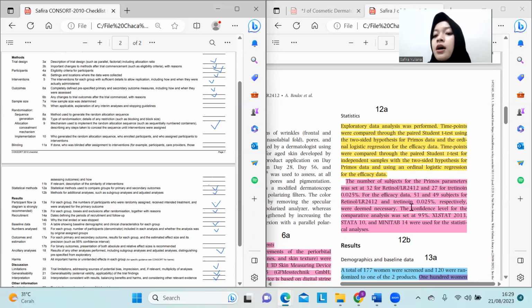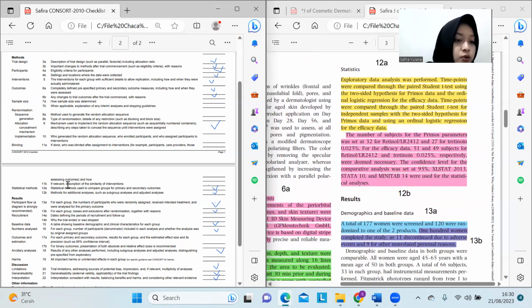For the efficacy data, 51 and 49 subjects for retinol LR 2412 and tretinoin 0.025% respectively were deemed necessary. The confidence level for the comparative analysis was set at 95%. And the LSTAT 2013, STATA 10, and Minitab 14 were used for the statistical analysis. And we move to the results.